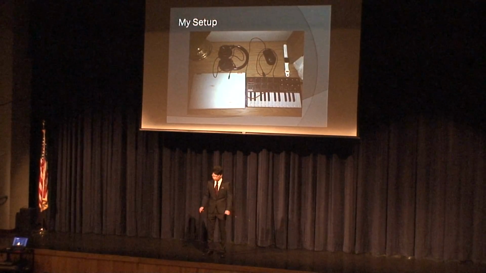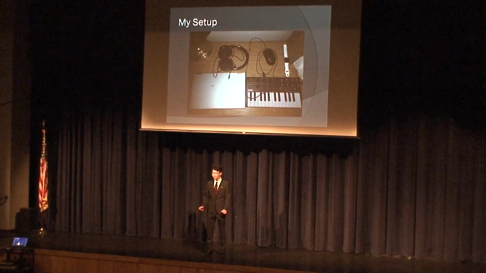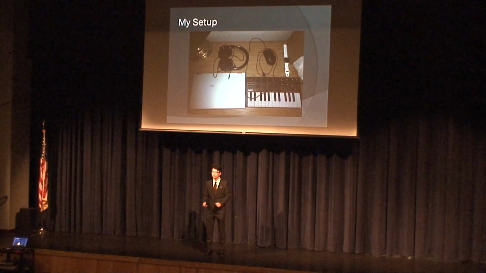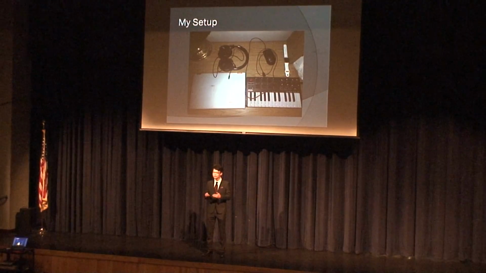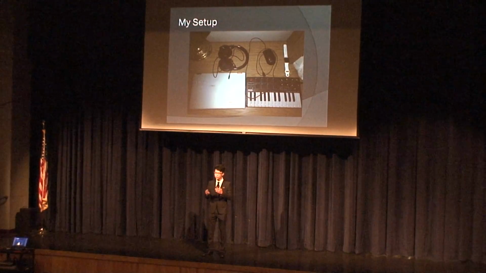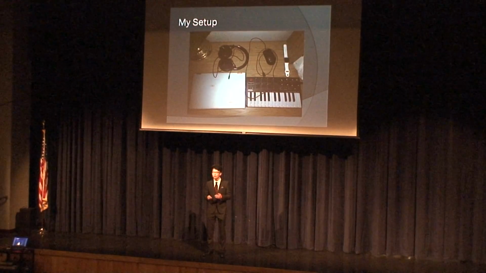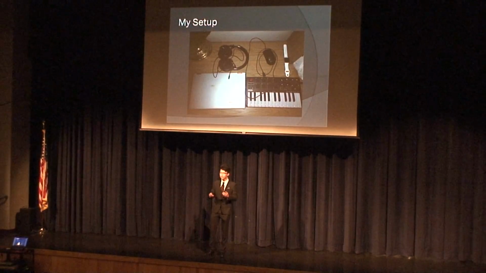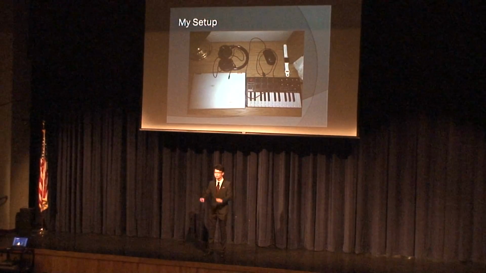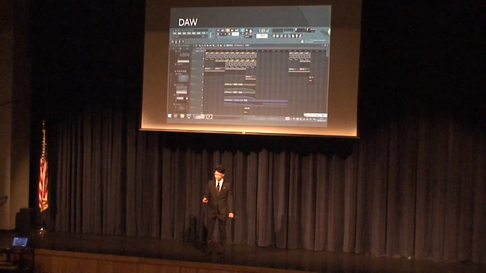And then on the right bottom corner, you can see the mini keyboard I have. This is not a keyboard that actually makes sound on its own. I connect the keyboard using a USB cable to the laptop, and then I use digital audio workstation software to actually make the sound and use the keyboard just as a controller. So yeah, that's my setup.